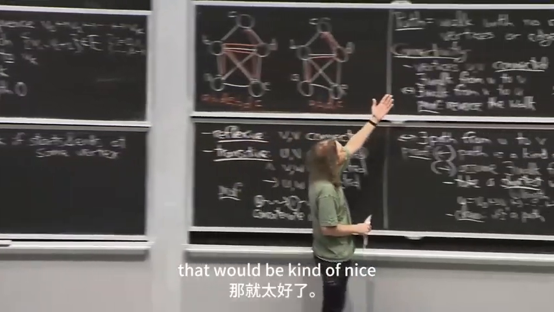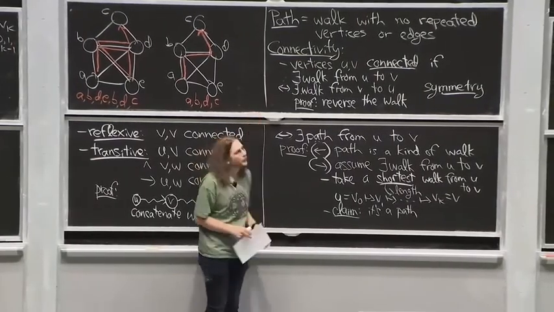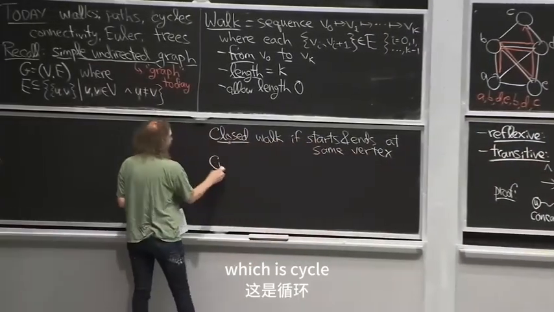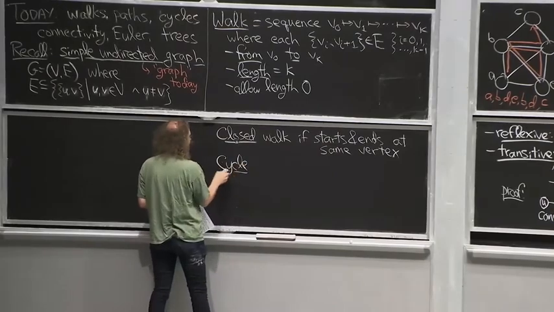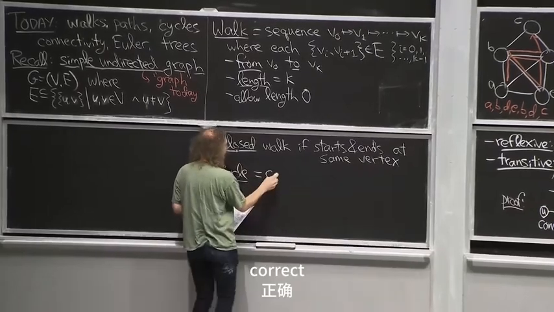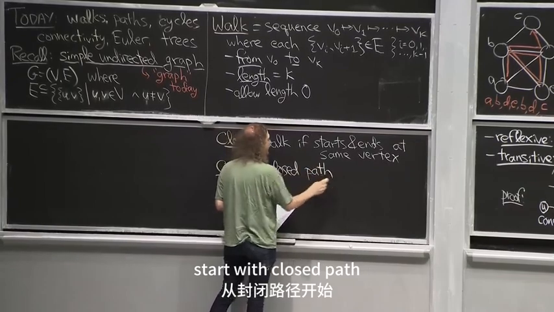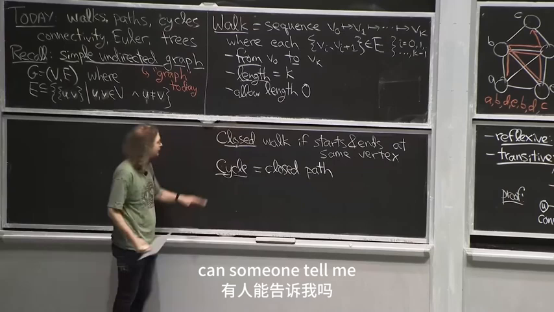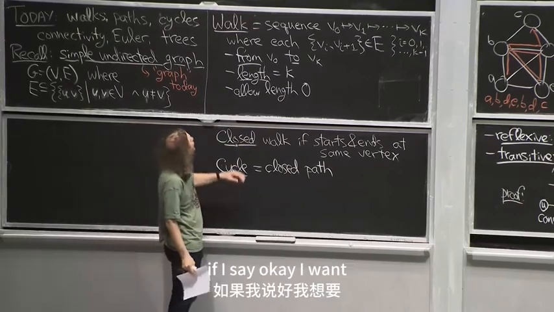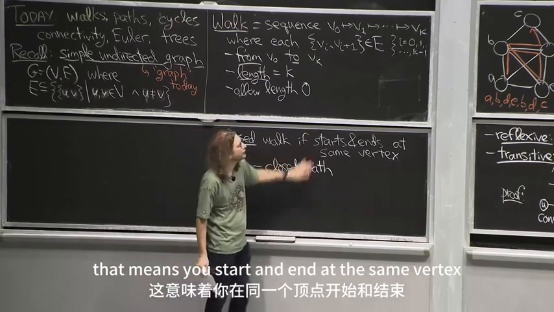That would be kind of nice. And we're going to give that a name, which is cycle. Cycle is roughly, this is not going to be quite correct, start with closed path. Can someone tell me what would be wrong with this definition? Closed is an adjective that means you start and end at the same vertex.